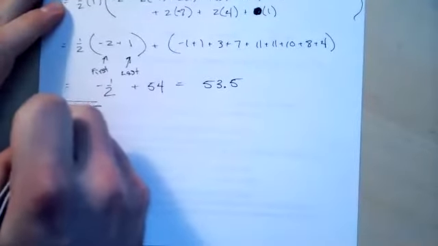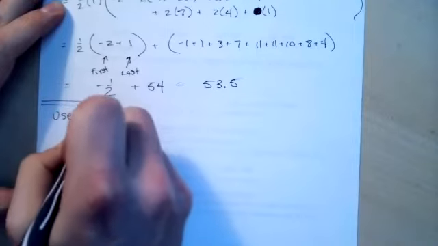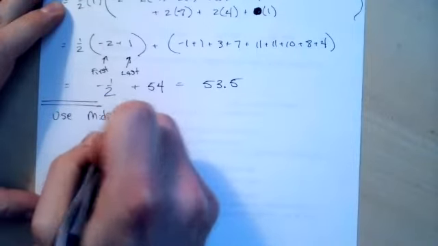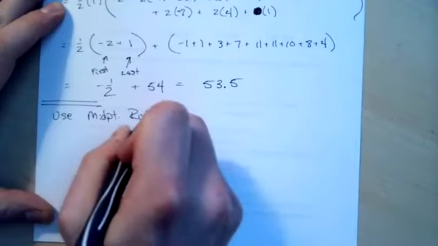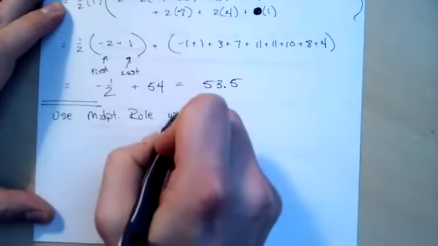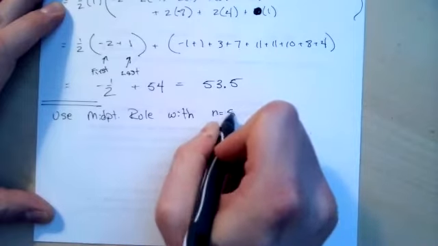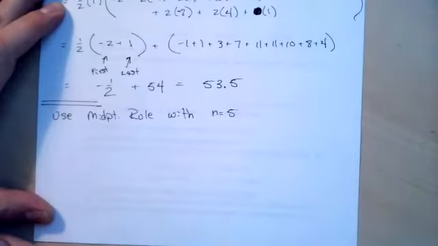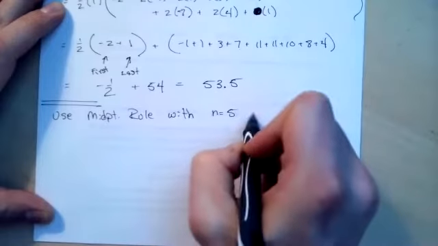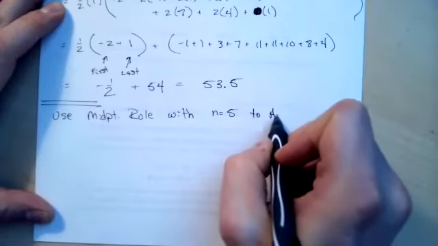What we would do instead is use the midpoint rule with, say, n equals 5 to approximate the area.